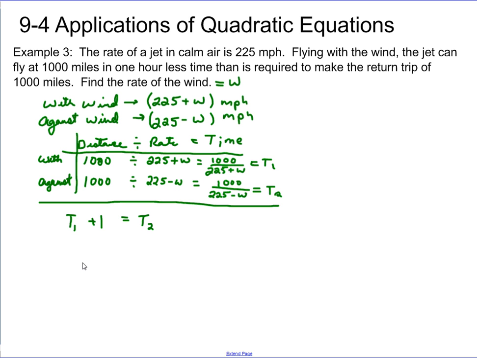Whatever amount of time that we had flying with the wind, it's 1 hour less than the time required to make the return trip. Now, if we take that literally, we could have also said that T1 is equal to T2 minus 1. Both are equivalent statements right here. So let's fill in with what we know. T1, well, that is 1,000 divided by 225 plus W.